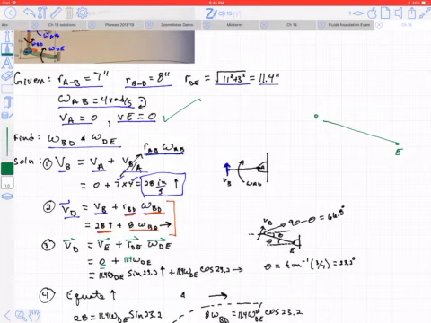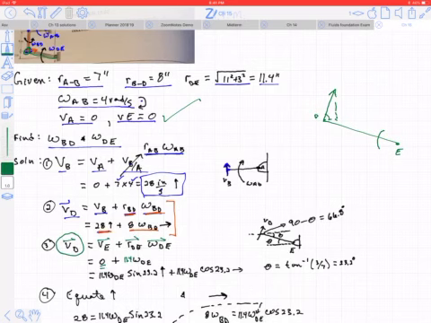And we know that the velocity will be perpendicular to the rotation. We need to find that angle so that we can find out how much of this VD is in the x direction and how much is in the y direction. So we're going to need that angle.